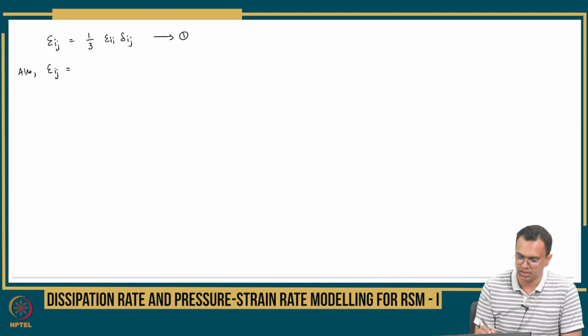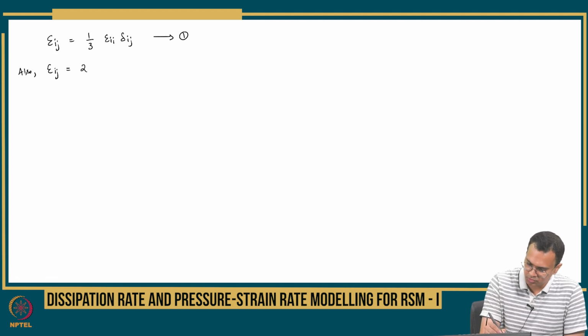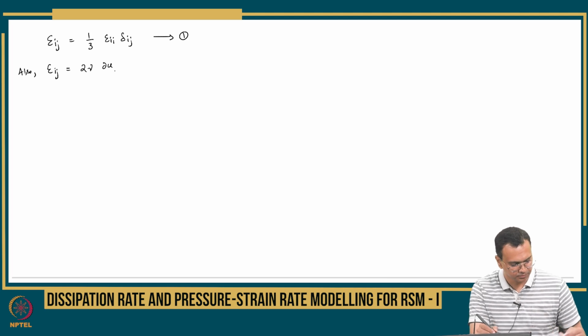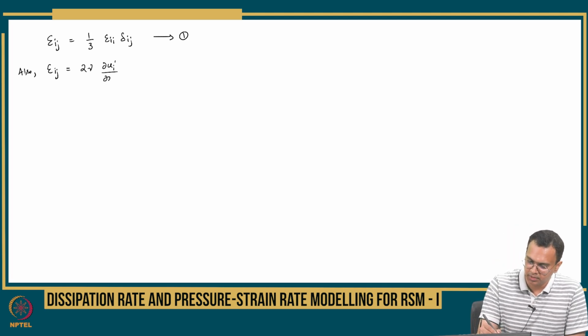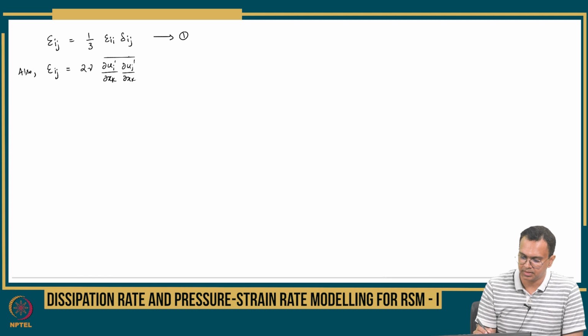The original equation is epsilon ij equals 2 nu dou ui prime by dou xk, dou uj prime by dou xk, the exact equation.